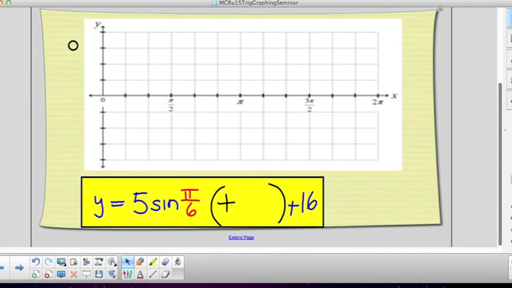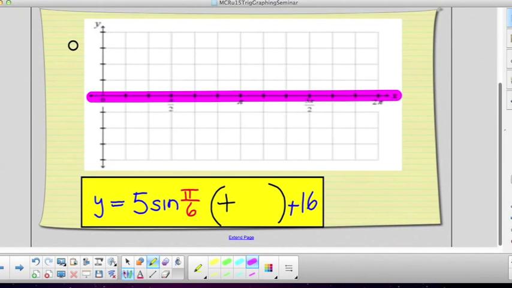Okay, so this is my equation of my axis, and the actual graph is going to start here. Okay, so my equation of my axis is at 16.